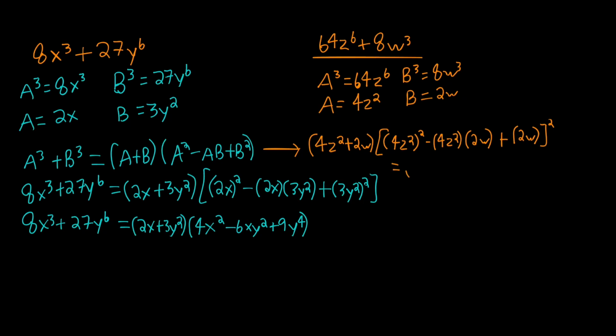So that's going to be equal to 4z squared plus 2w, and we're going to multiply that by 16z to the fourth minus 8w z squared plus 4w squared. Sorry, that squared should be on the 2w there. So just like that, we have developed the factored form expression for 64z to the power of 6 plus 8w cubed.